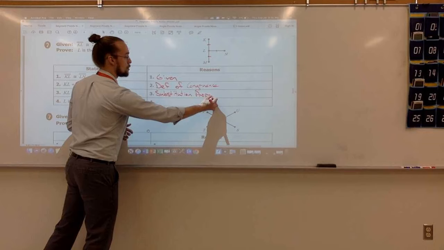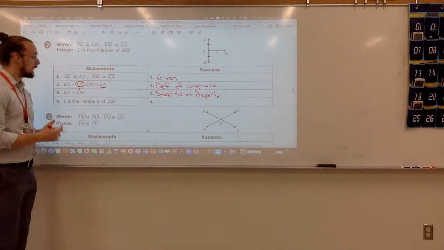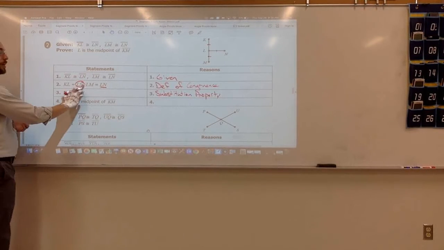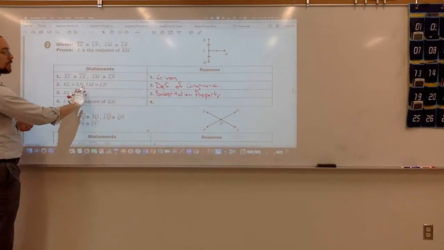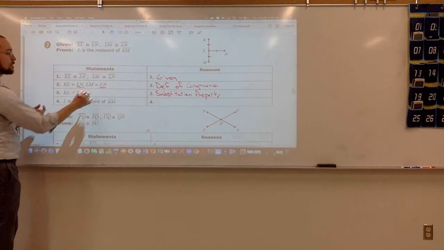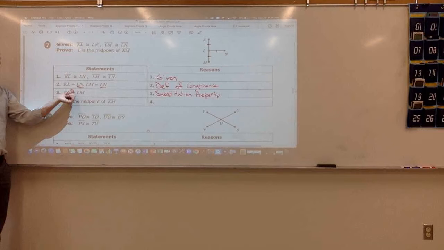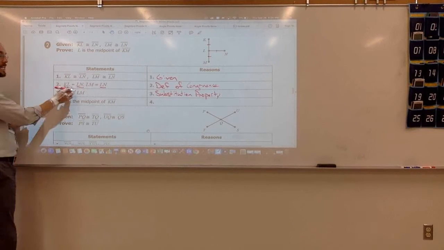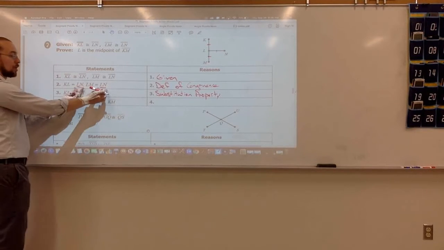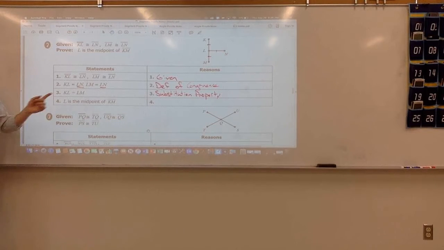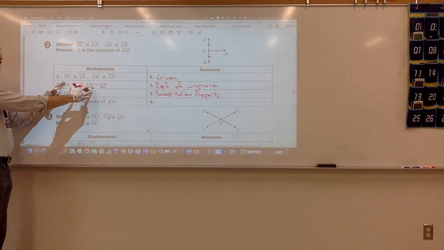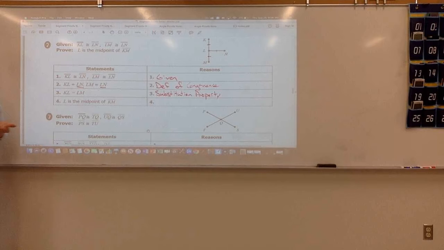So substitution property definitely works. Another one that would work is one that we used in the last one. I'm saying that two things are equal to the same thing. So both KL and LM are equal to LN. If they're both equal to the same thing, then they would have to be equal to each other.